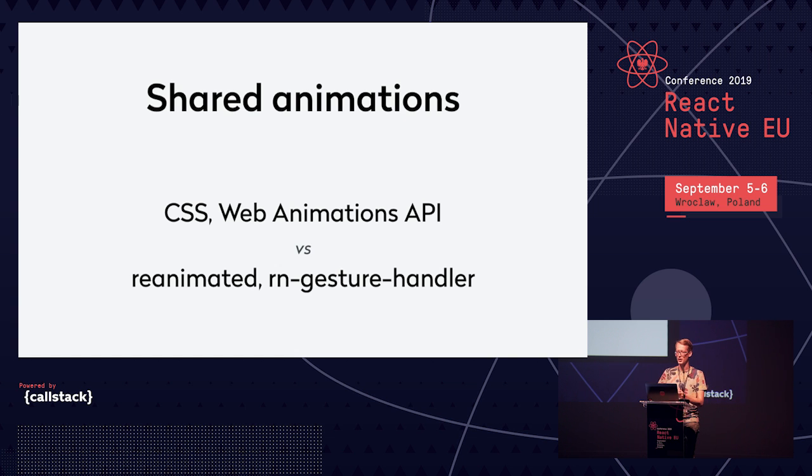So we have kind of a partial solution to this for simple static animations, like without gestures. And what we did is we implemented a subset of React Native Animated API for the web, built on top of Web Animations API to achieve the same 60 FPS as CSS animations, but with more control. And hopefully we'll open source this later this year.